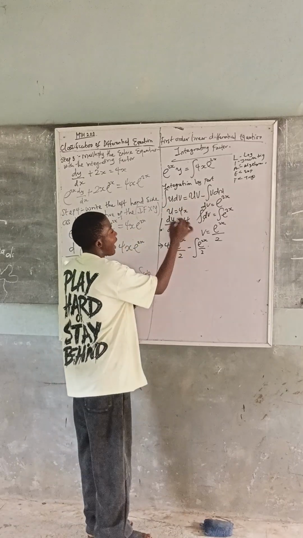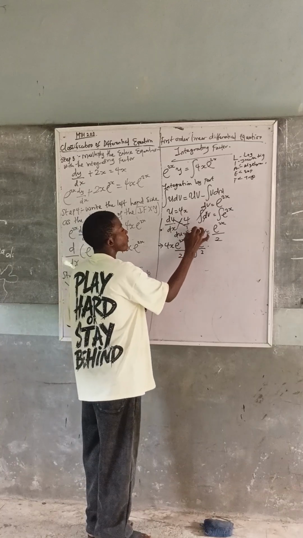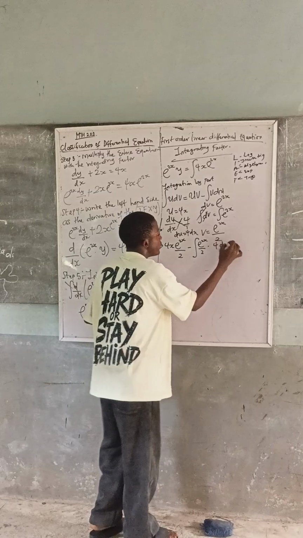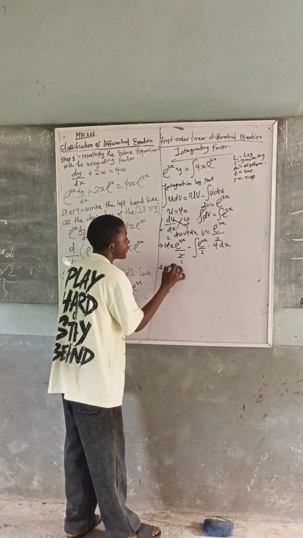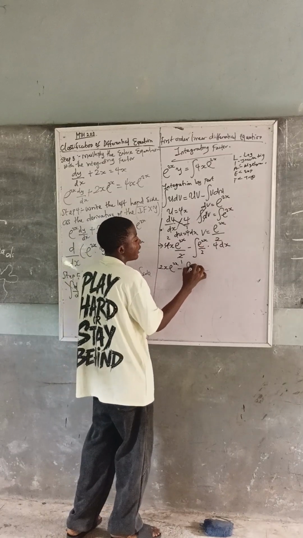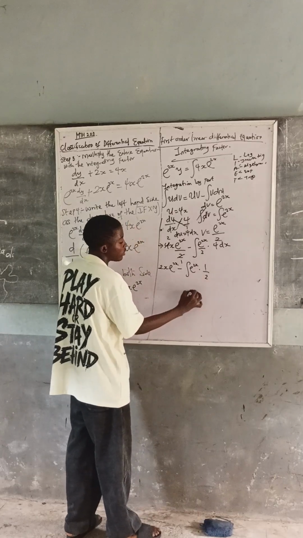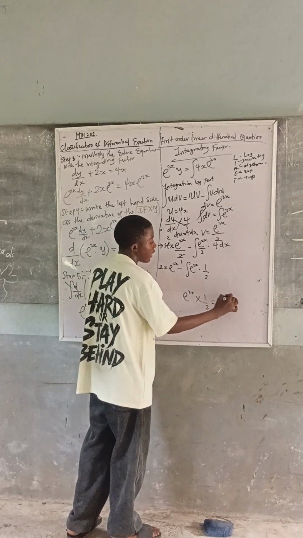So u is equal to 4x, so what is du? 4 dx. Multiplied by 4x, 2 here 1, 2 here 2. We have 2x exponential 2x minus the integral. This is also the same thing as exponential 2x multiplied by 1 over 2, because exponential 2x times 1 over 2 is exponential 2x over 2.